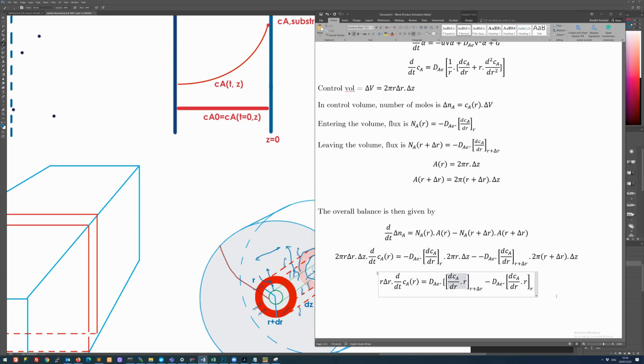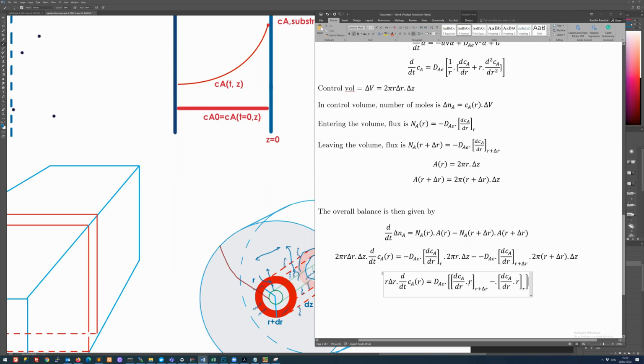So I'm just going to put another bracket here and eliminate this DAE. And now I want to divide through by R delta R. Just be careful here. Don't fall into the trap of dividing this R by this R. It looks nice that this R and this R have the same form, and it looks like R can cancel everywhere.